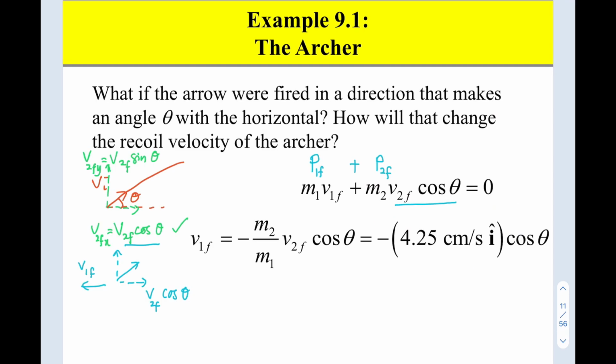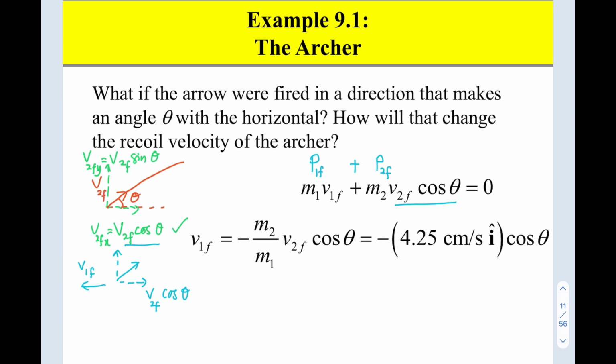Now, what if the arrow were fired in a direction that makes angle theta with the horizontal? How will that change the recoil velocity of the archer? Now the arrow, instead of moving completely horizontally, has angle theta with respect to the horizontal.